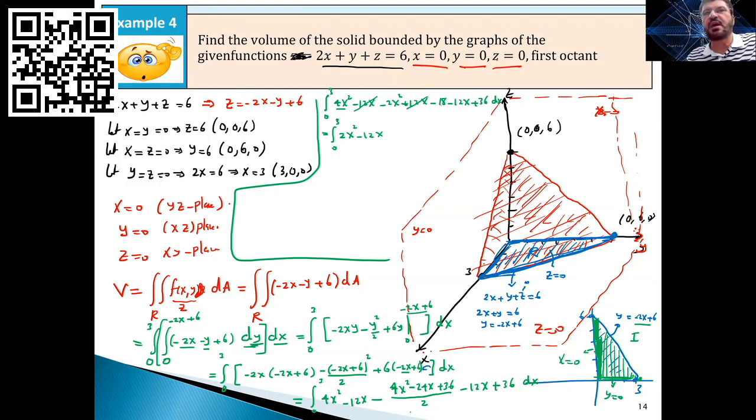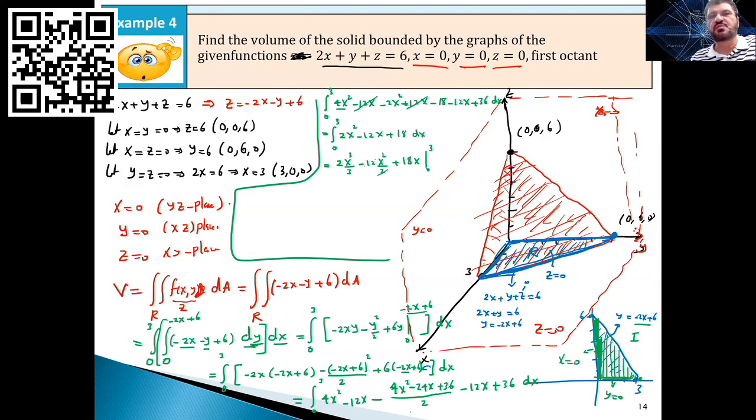Then we have 36 minus 18 is 18, dx. Now let's integrate. The integration of this one is 2x cubed over 3 minus 12x squared over 2 plus 18x from 0 to 3.